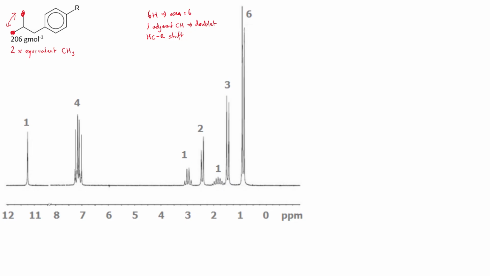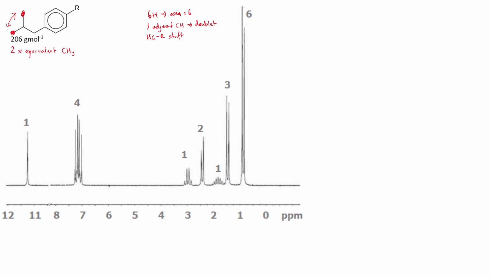But we just need to double check, and in an exam you ought to do this and make sure that everything is accounted for. So it's got to be that peak at about 0.8 ppm because it's got the right area, but you can see it's also got the right splitting because next door to it is that CH that they're both bonded to. So there's just one hydrogen there, and so the peak should be a doublet, which it is.